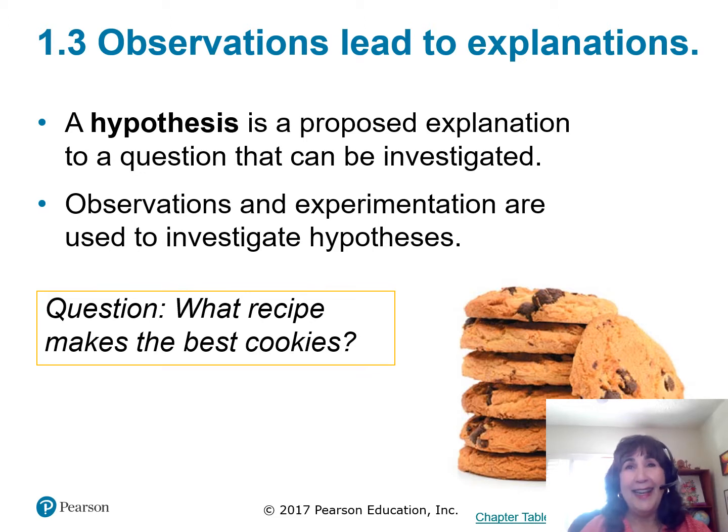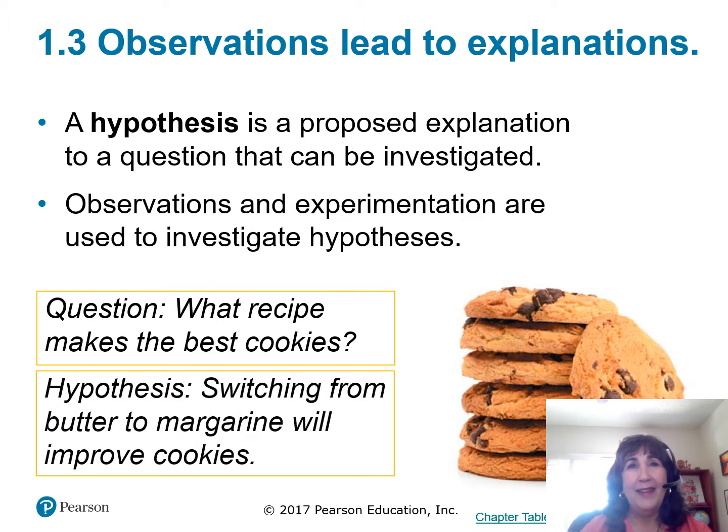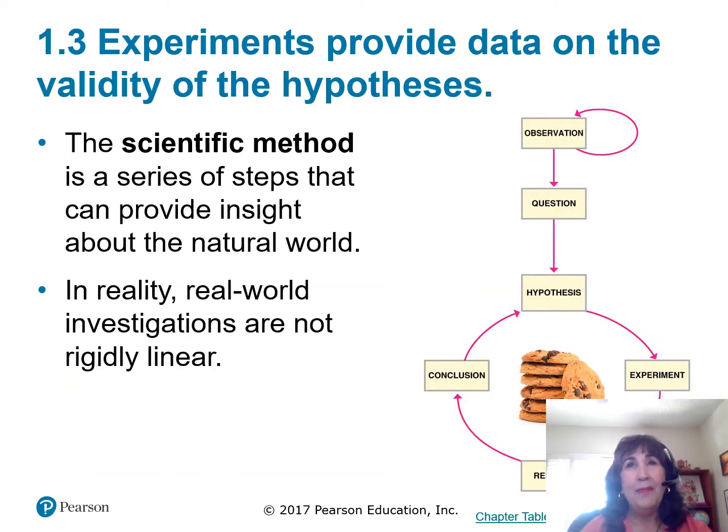In this case, the question that will lead us to our hypothesis is, what recipe makes for the best chocolate chip cookies? It says here, switching from butter to margarine will improve cookies. We always think of the scientific method as a series of steps, and oftentimes we see them as linear steps, but in reality, they're not all linear.